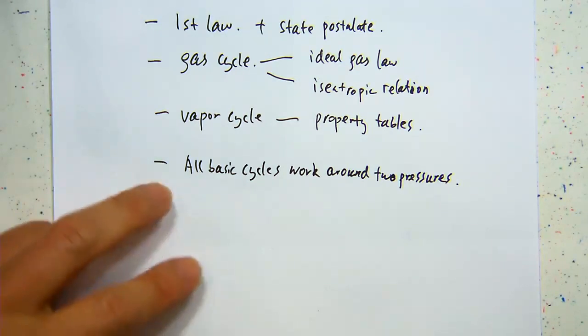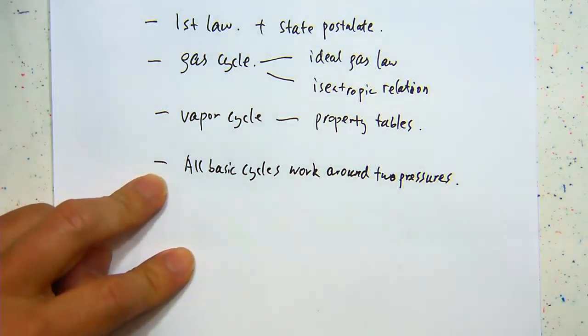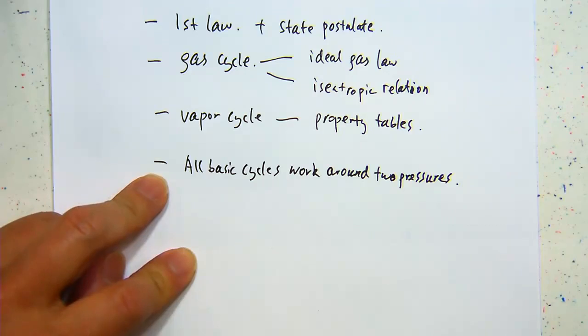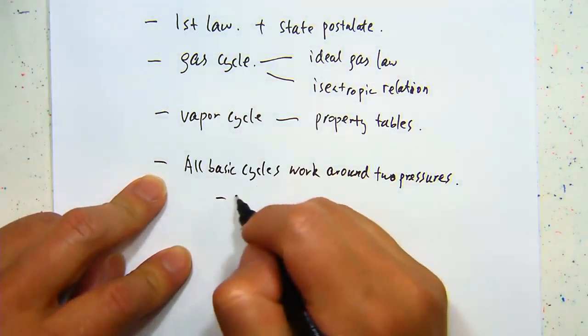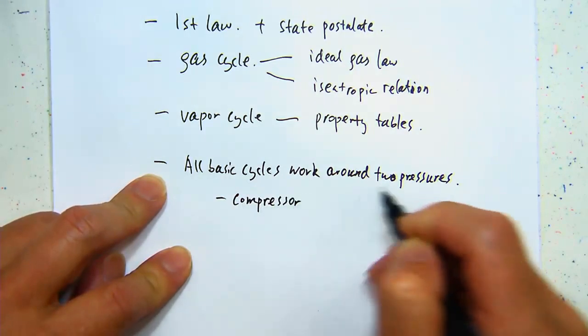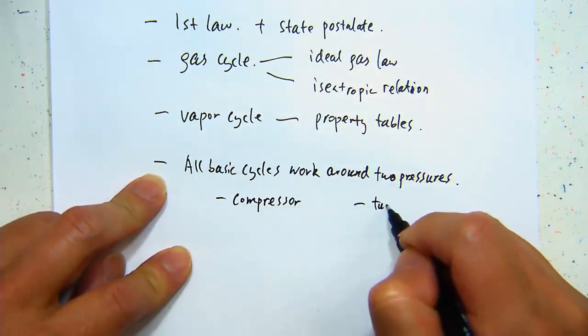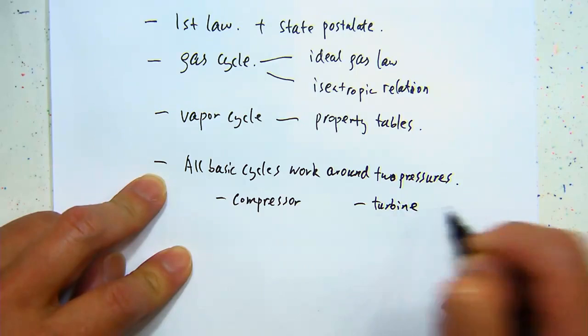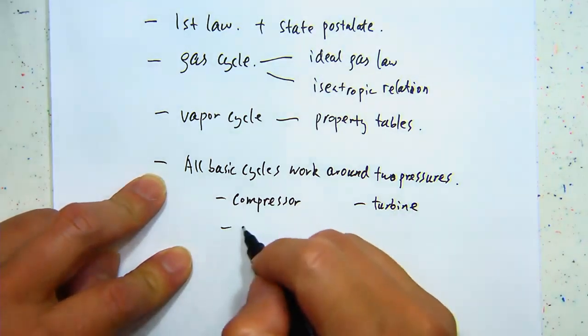And the devices that allow us to jump up and jump down between these pressures are just a few devices. That includes the compressor. Opposite the compressor is a turbine. And we have the pump.